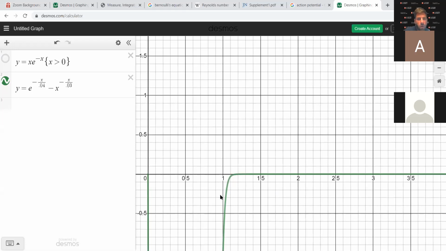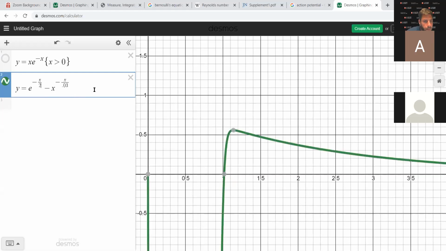But if you change those constants, tau 1 and tau 2, what happens to this? Just for the sake of argument, what if you put like 2 here, and then 3 here?